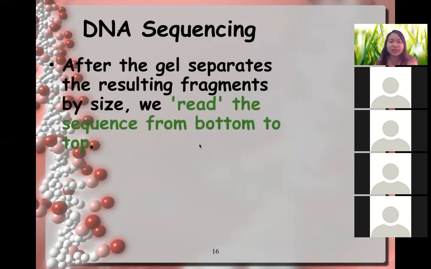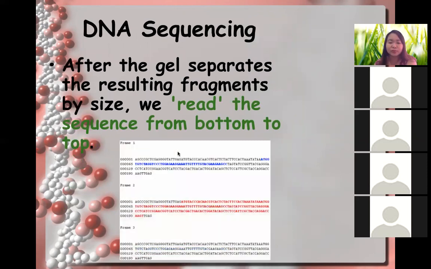Then after the gel separates the resulting fragments by size, we read the sequence from the bottom to the top. So from the bottom, ito yung makikita mong sequence nila. Now there is actually a computer that will generate the different bases, yung A, G, C, C. So ito na yung mga codes or sequence nila.